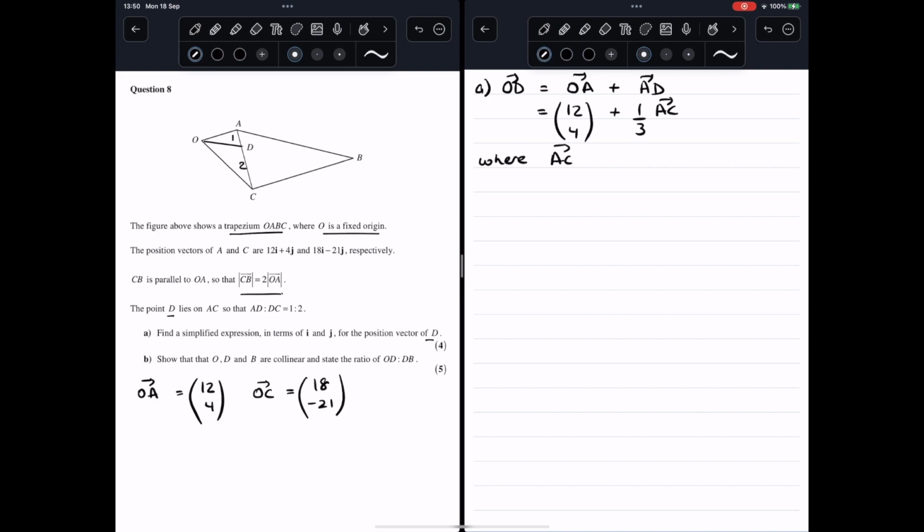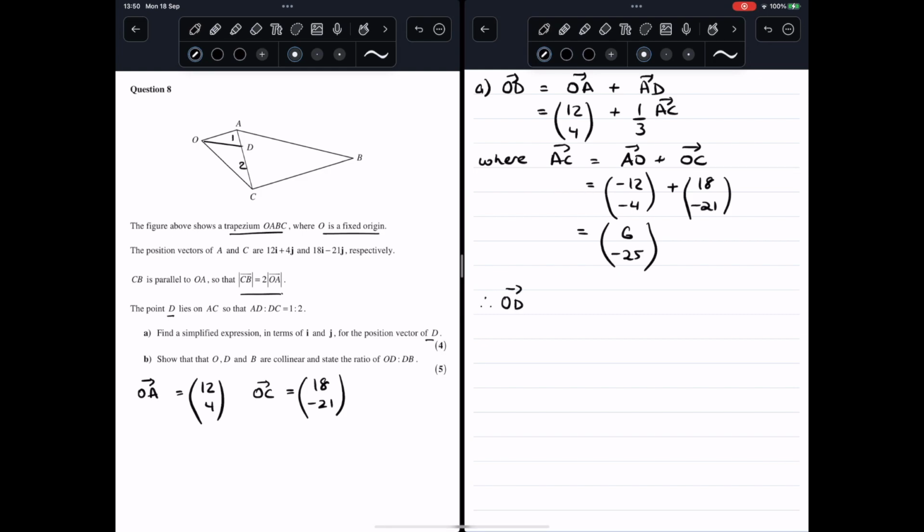So AC is written as perhaps AO plus OC, which can be simplified into minus 12, minus 4, because we are going the opposite direction, plus 18, minus 21, which then further simplifies to 6i minus 25j.